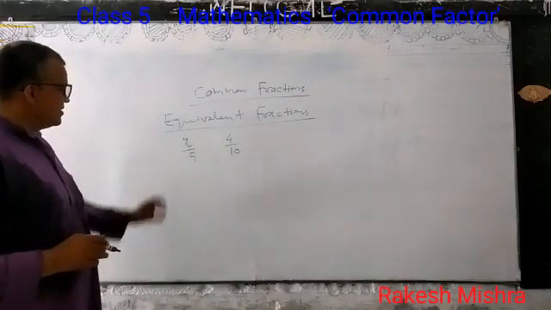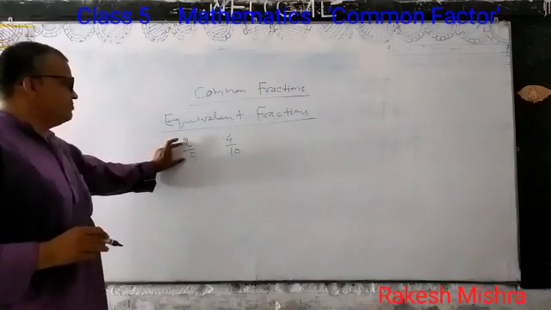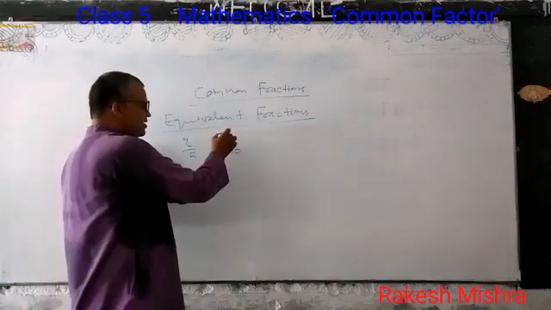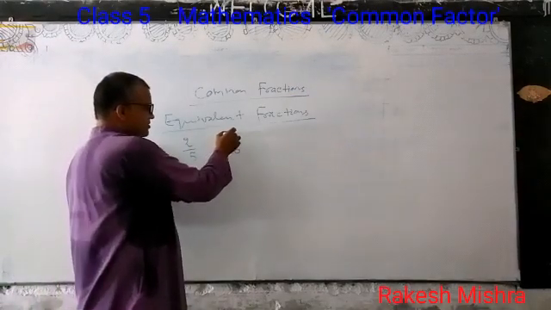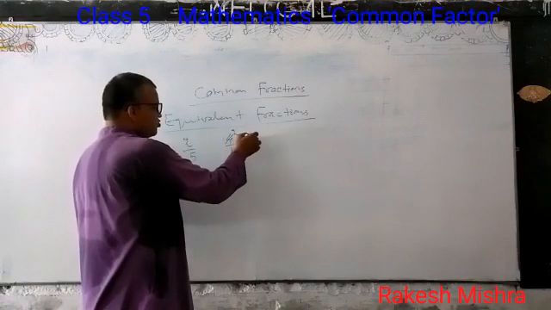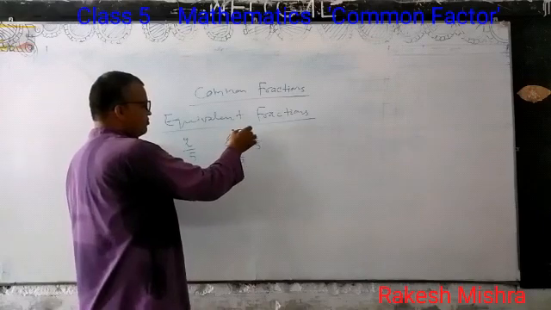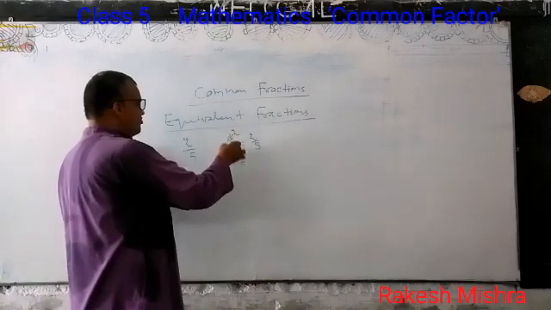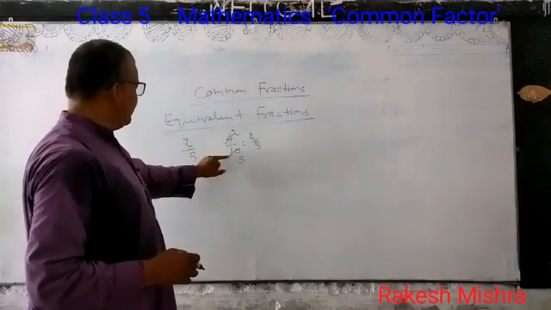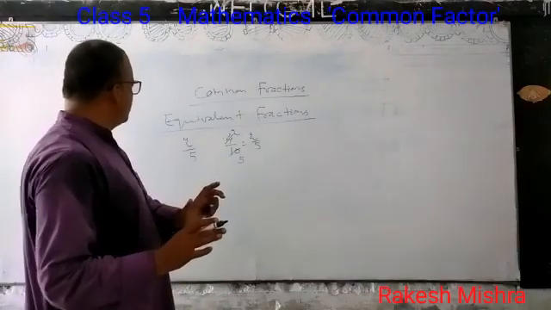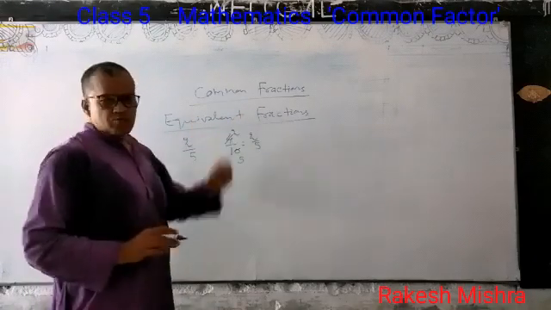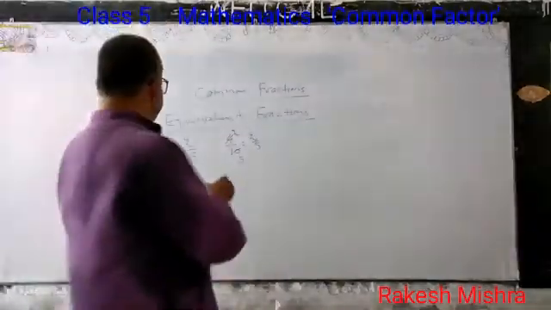We see here, this is in lowest term, but this is not in lowest term because it may be sorted. 2 twos are 4, 2 fives are 10. This 2 by 5 is the lowest term of this. It means 2 by 5 and 4 by 10 have same equal value. So these 2 by 5 and 4 by 10 are called equivalent fractions.